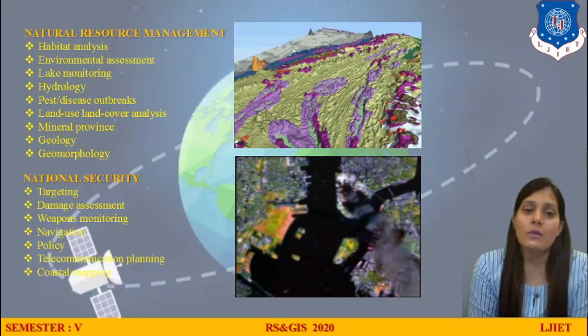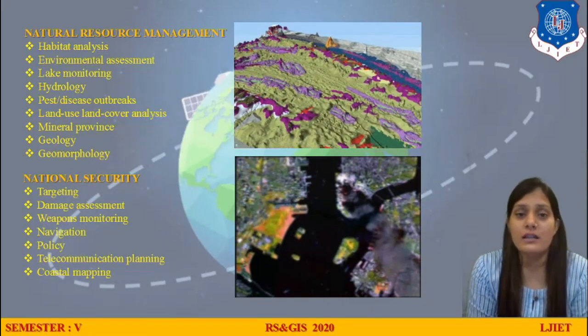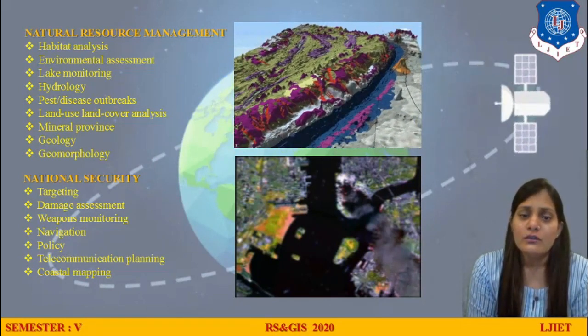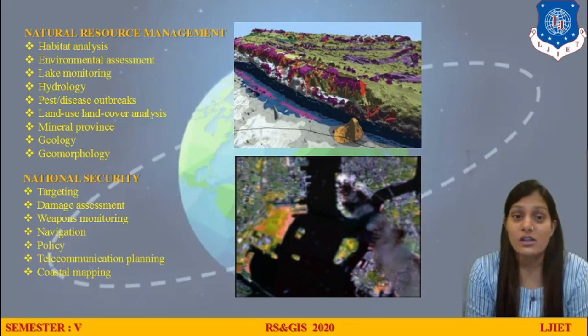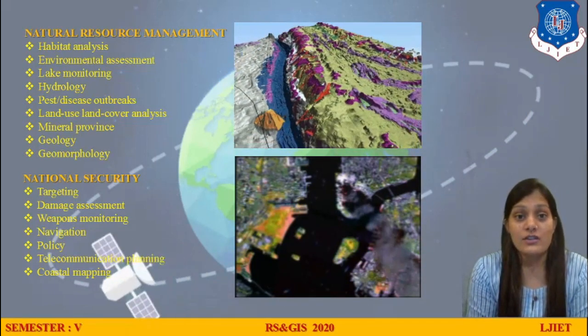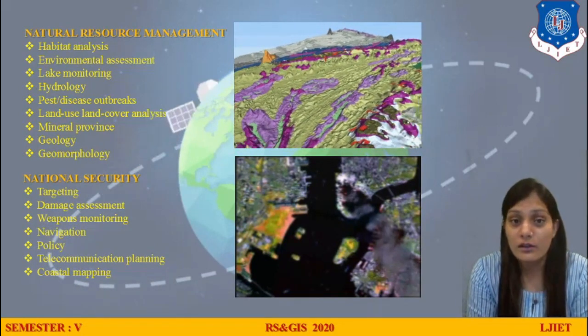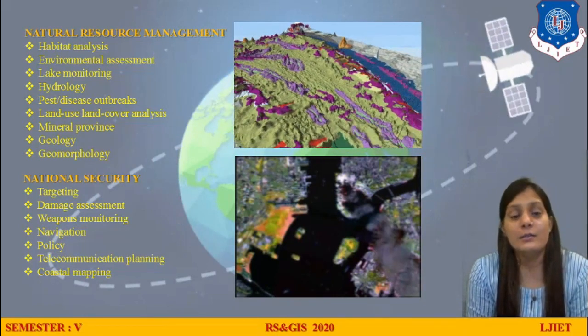National security means what? We are giving a security defense. Yes, a lot of technology is used in our security defense, and that is very important. So in national security you can see weapon monitoring. Yes, we are launching satellites which are monitoring the opponent's side, what they are doing, how they are doing it, what weapons they are making, and that is only done by the satellite remote sensing technique.